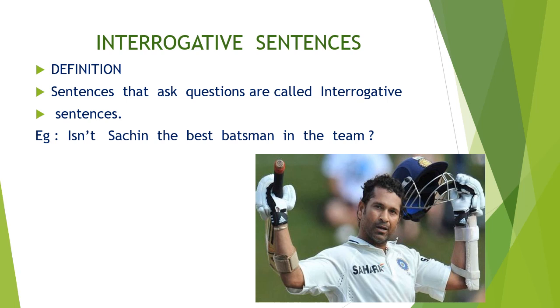Here, children, can you notice there is a question mark at the end of the sentence? So it is a question. What are you doing? Here again, can you notice a question mark at the end of the sentence? Such sentences which end with a question mark and ask something are called interrogative sentences.